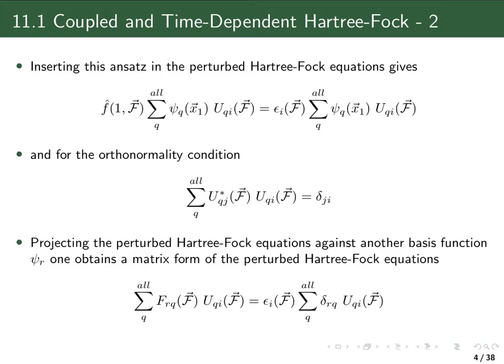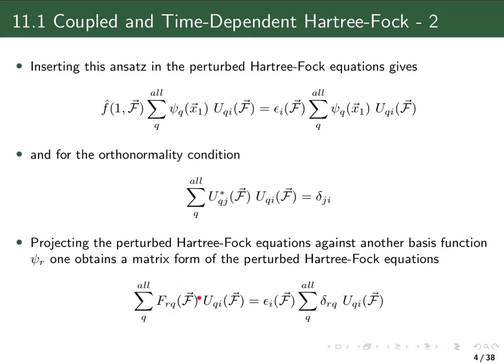And similarly on the right-hand side, we can then get the overlap between psi R and psi Q, both unperturbed spin orbitals, and they are of course orthonormal, so therefore we get a Kronecker delta here. So this is now our perturbed Hartree-Fock equations in a matrix form.